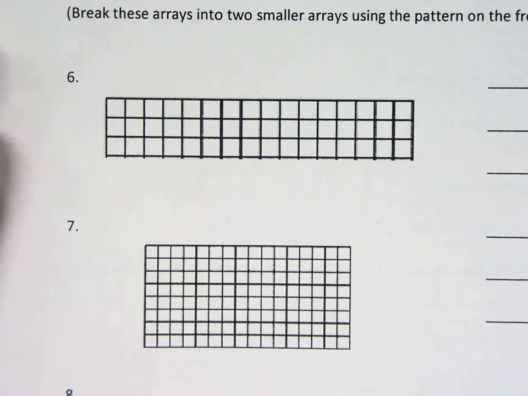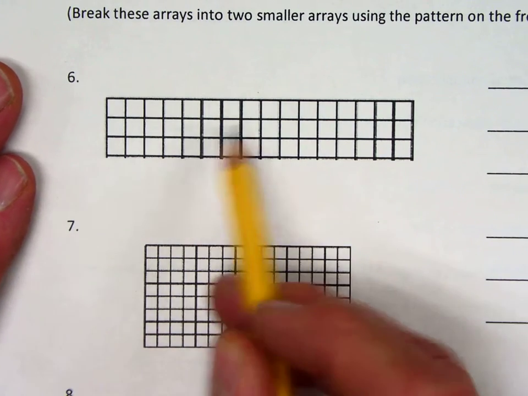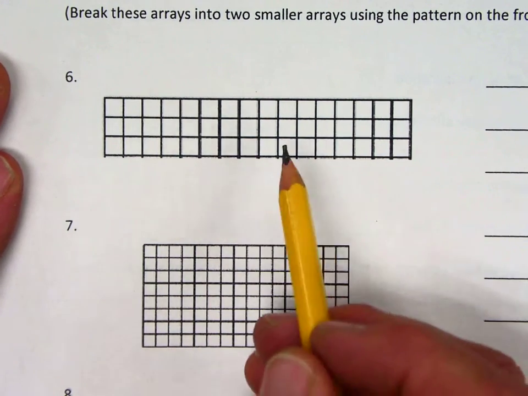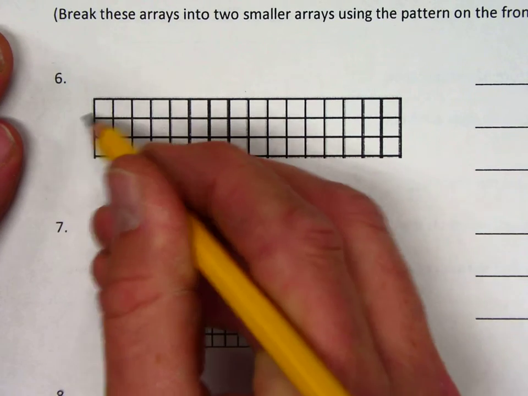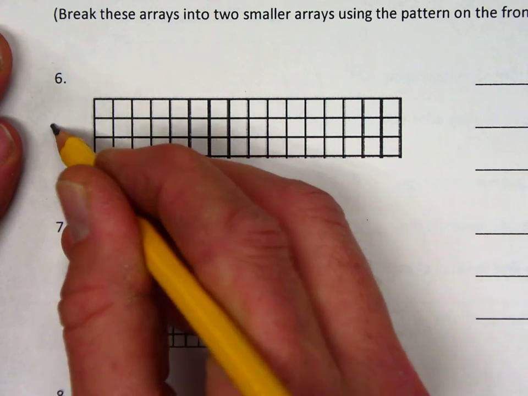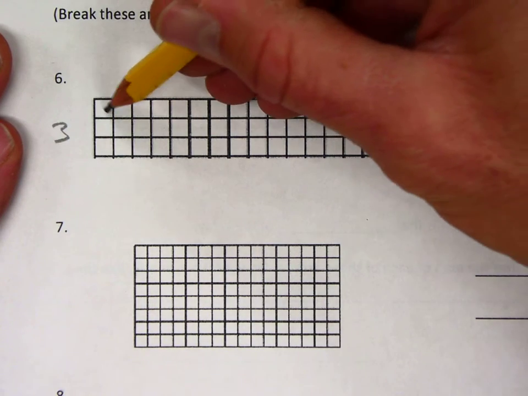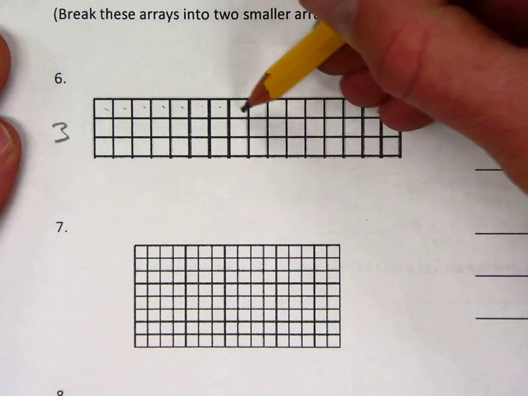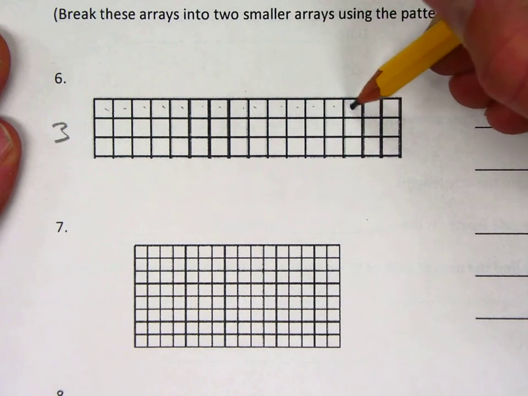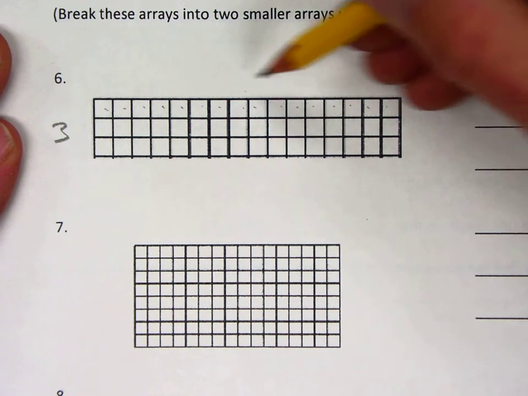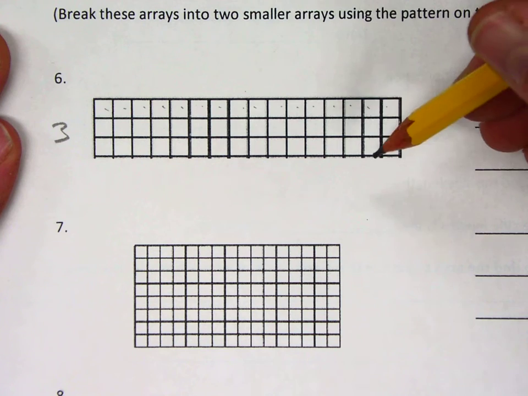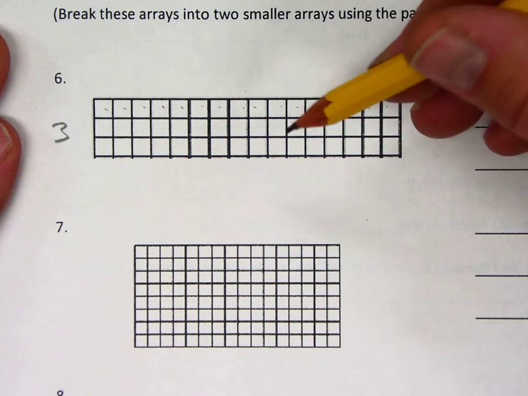If I was trying to use the distributive property to find the area of this, what I've been teaching students to do is first just label the dimensions. The dimensions are the length of a side. This side's 3. The other side is 1, 2, 3, 4, 5, 6, 7, 8, 9, 10, 11, 12, 13, 14, 15, 16. I've been teaching them to separate the long side into its tens and ones, or tens and units.